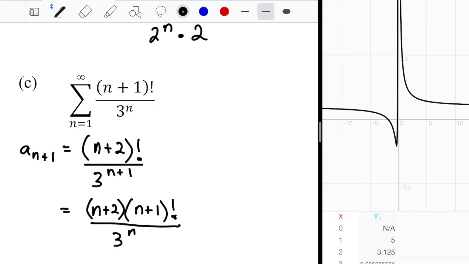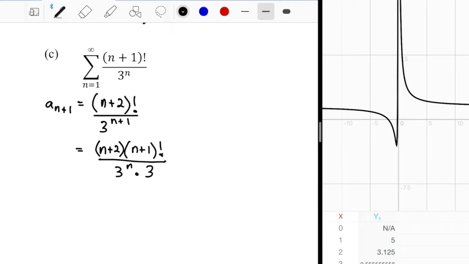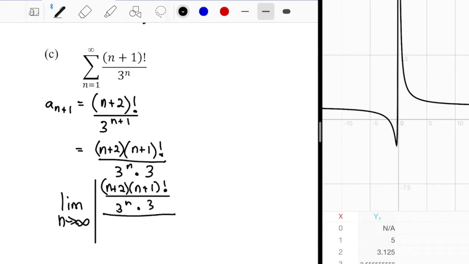However, like I've been doing before, let me just skip that step and write it as 3 to the nth times 3. So we're looking for the limit as n approaches infinity of this n plus 2, n plus 1 factorial, 3 to the nth times 3 over n plus 1 factorial over 3 to the nth.